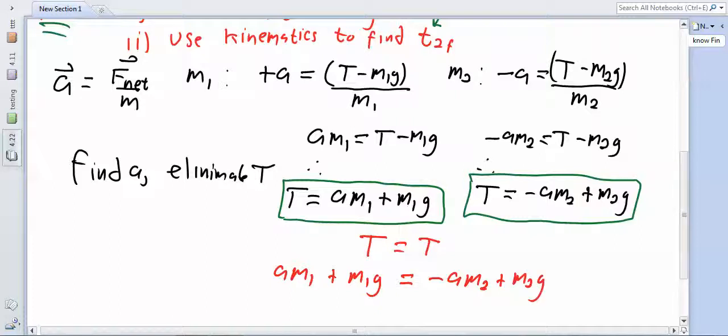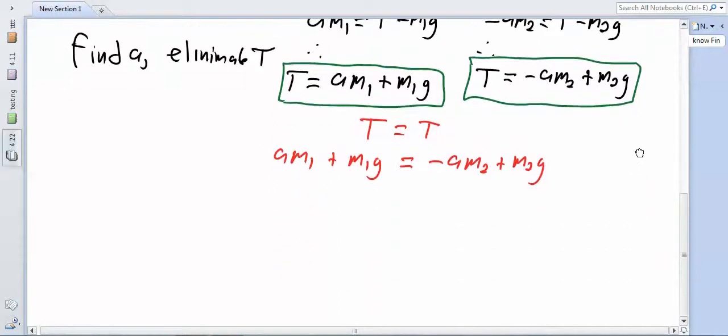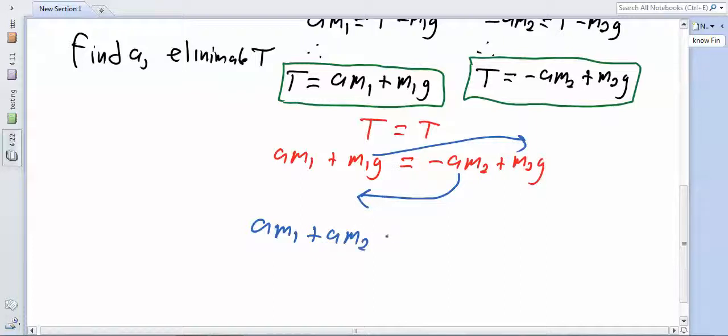And now I just need to do a couple more steps of algebra in order to come up with a relationship for the acceleration. So I'll take all the acceleration terms to the left-hand side and all of the other terms to the right-hand side. So that will give me A times M1 plus A times M2 equals negative M1G plus M2G.